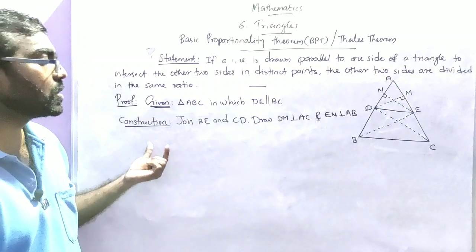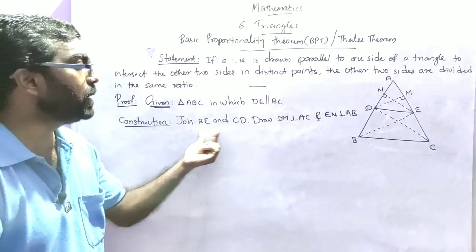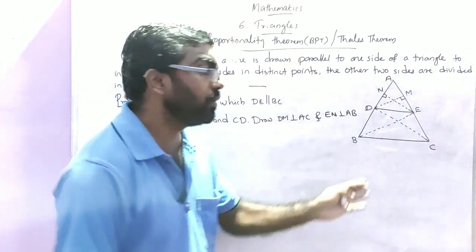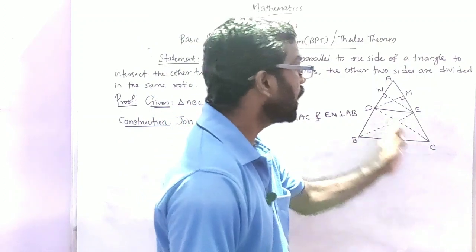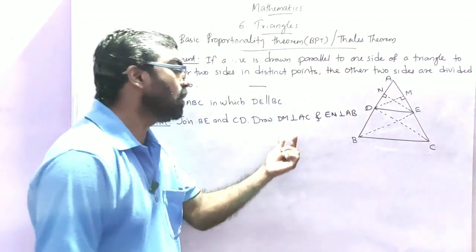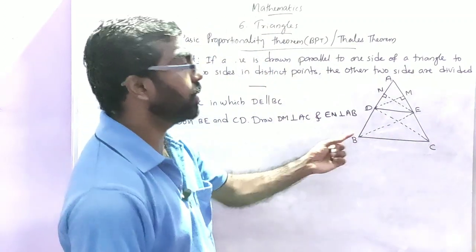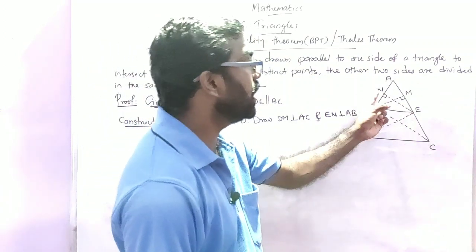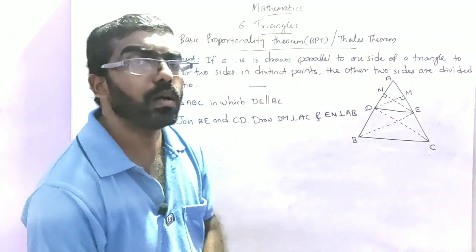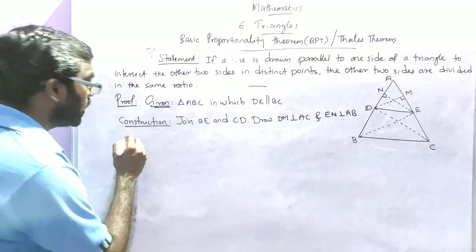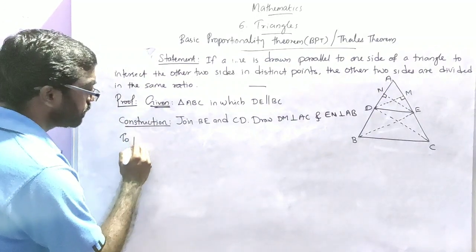So the constructions are: join BE and CD, and then draw perpendiculars DM perpendicular to AC and EN perpendicular to AB.